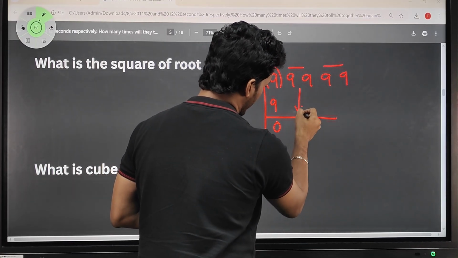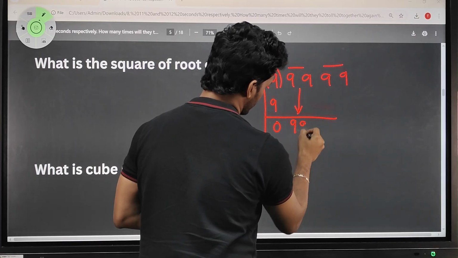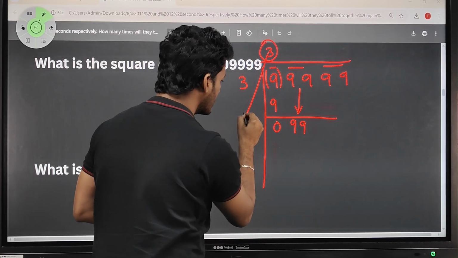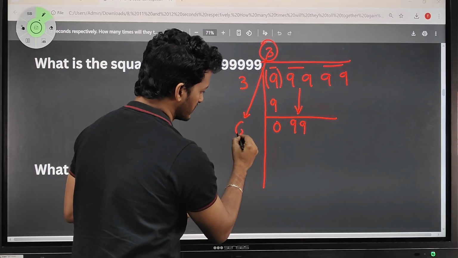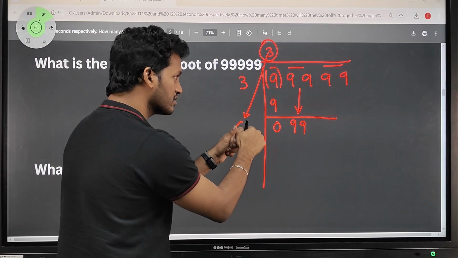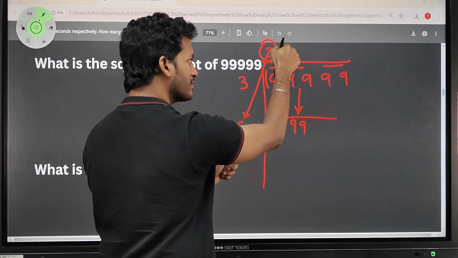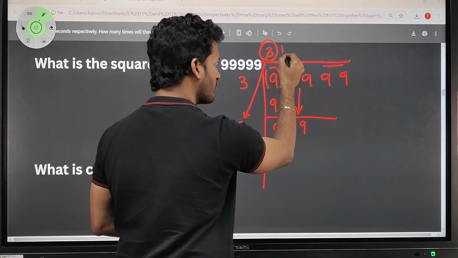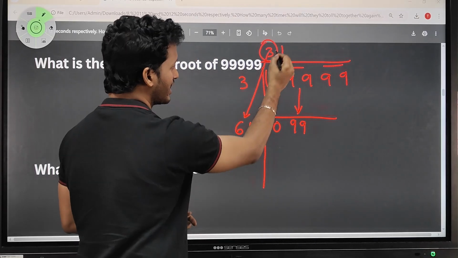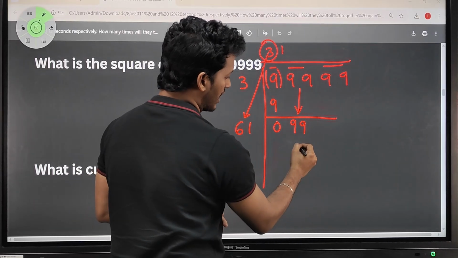Take the next group of digits, that is 99. Now double this quotient and keep it here, which is 6. If I take any digit here, I have to take the same digit next to it and multiply. For example, if I take 1 here, I multiply 1 and 61 and take the answer here.